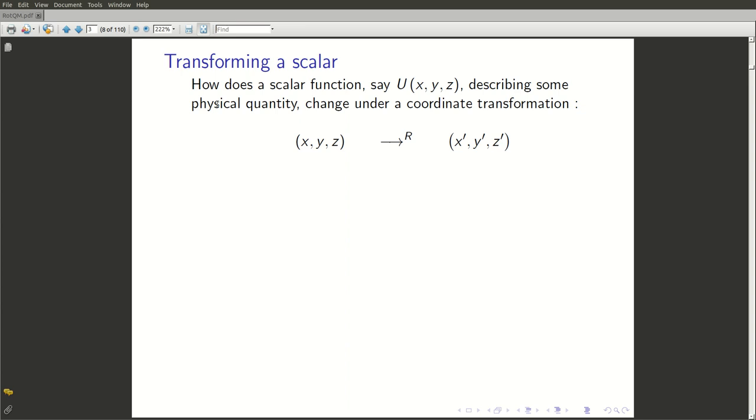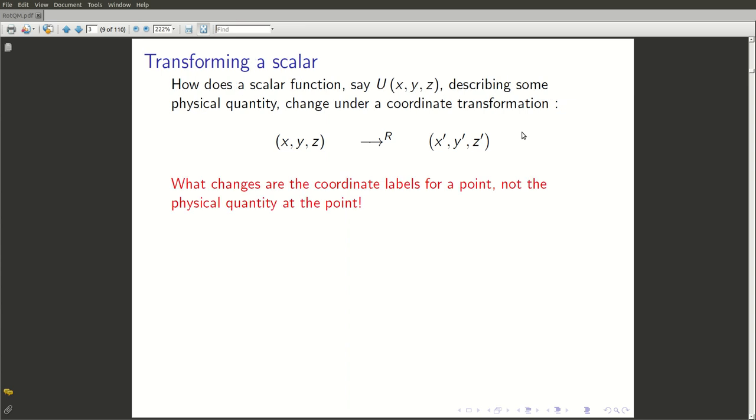Of course, this describes a scalar field, a scalar quantity defined at all points in a region at least. Now the question is, how does the scalar function, which describes perhaps some physical quantity, change under a coordinate transformation? The transformation I am denoting by R, which we denote this way: x, y, z, the coordinates under R, goes to a new set of coordinates x prime, y prime and z prime.